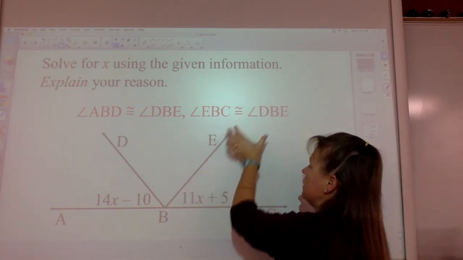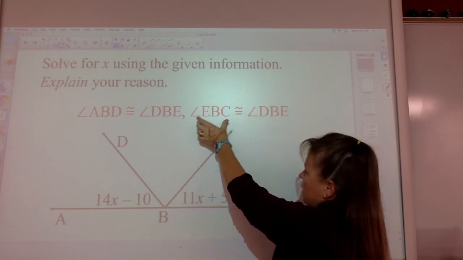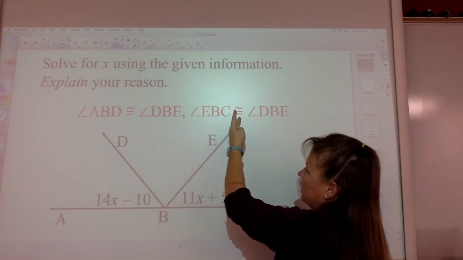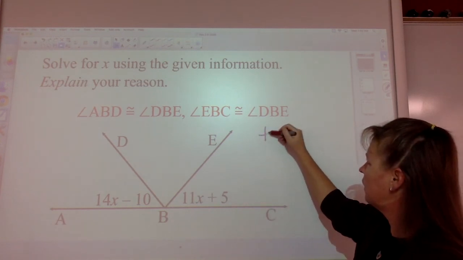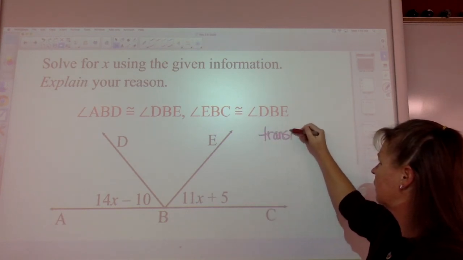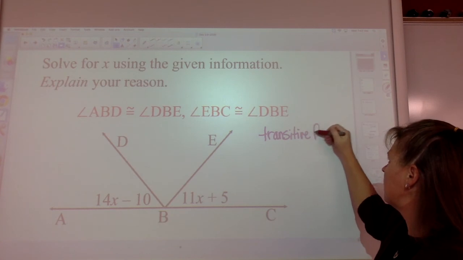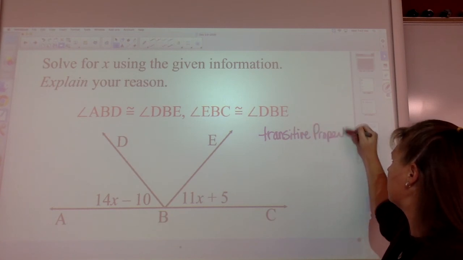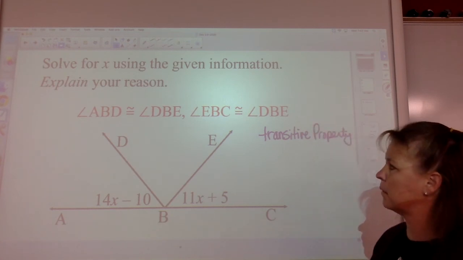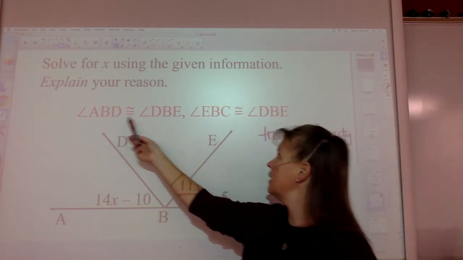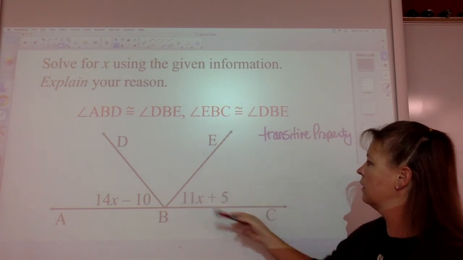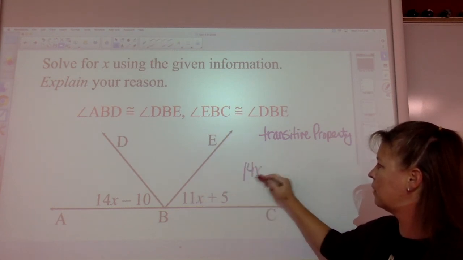But angle EBC is also congruent to angle DBE. Normally you see this in the reverse order. You see the angle DBEs next to each other. Doesn't matter, it's still the transitive property. As long as you have two angles congruent to the same angle, it is the transitive property. Once you know that angle ABD is congruent to angle EBC, you can then set up the problem.